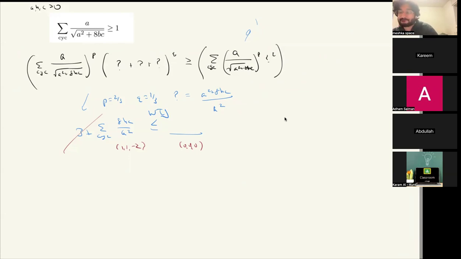In power mean, as you make R and S further apart, the inequality becomes weaker. If R and S are really close, it's a very strong inequality. If R and S are far apart, it's a very weak inequality. But here, P and Q are not really playing that role.